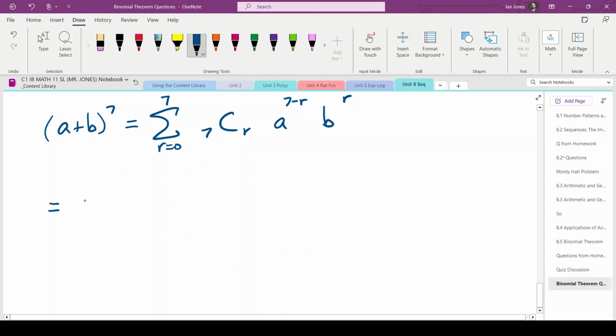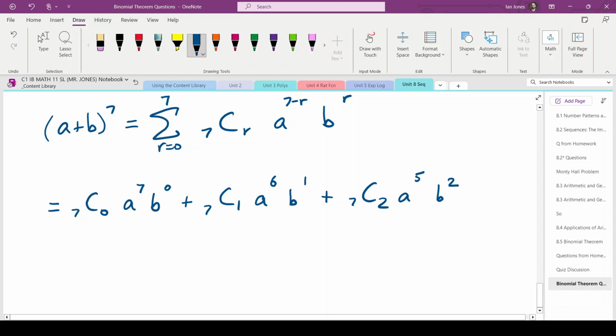This means I have 7 choose 0, a to the 7 minus 0, b to the 0, plus 7 choose 1, a to the 7 minus 1, that's 6, b to the 1, plus 7 choose 2, a to the 7 minus 2, that's 5, b to the 2.